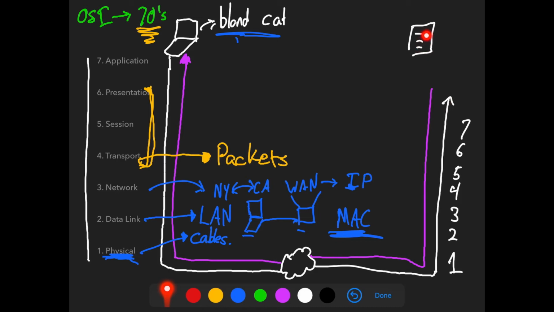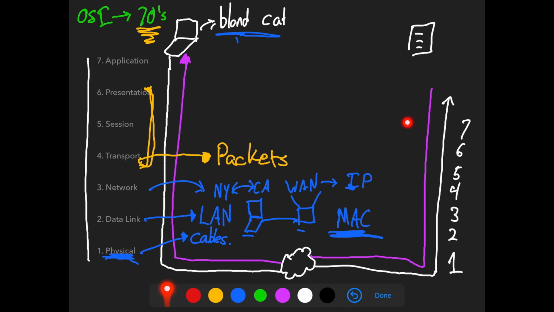So if you now imagine that my server sends you the photo of this blonde cat, and as it's going through, there's some kind of weird radio wave that interferes with some cable on the way to your computer, and something gets messed up. Well, your computer will do error checking and it will know that this photo of the blonde cat isn't correct. But what does it do then? Does it send a signal and say, okay, I need all of those million bits again? Well, that could become cumbersome.